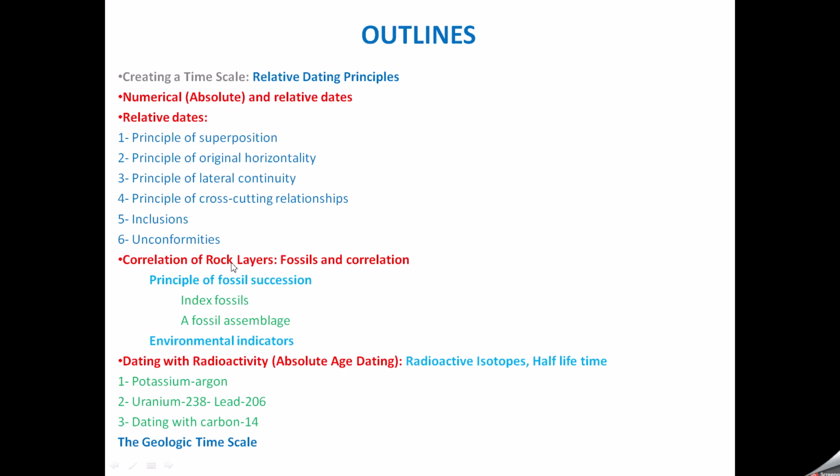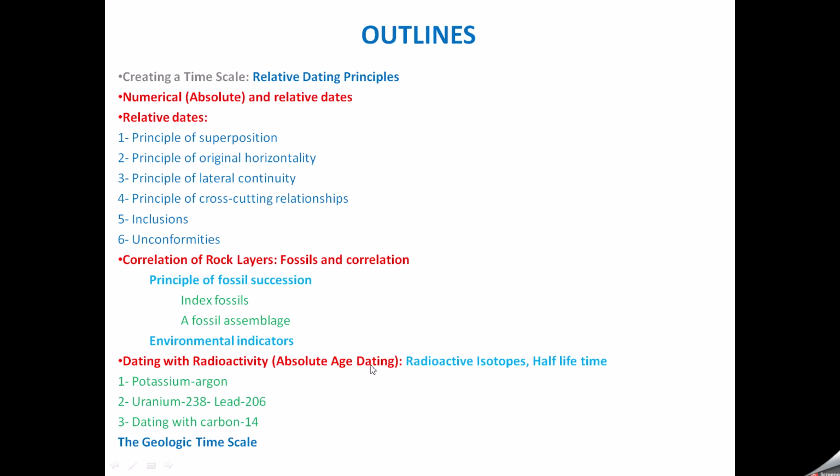In correlation of rock layers, we use fossils for correlation. Principle of fossil succession: one, index fossils; second, fossil assemblage. And we can use fossils also, besides being age indicators, as environmental indicators.